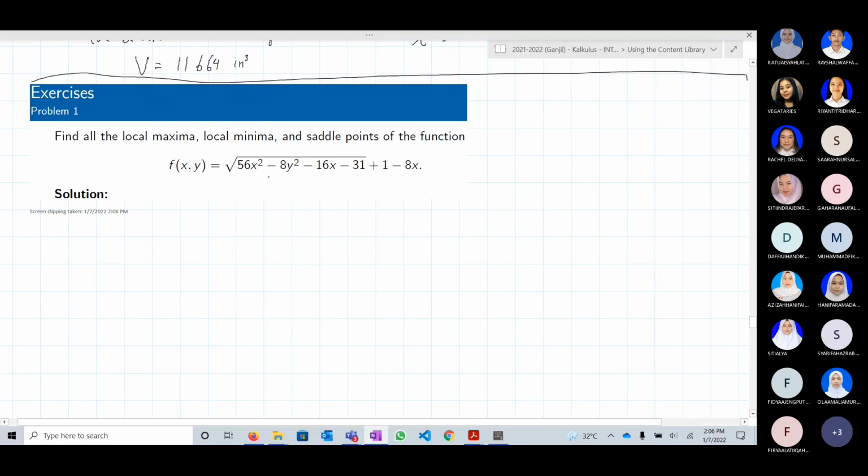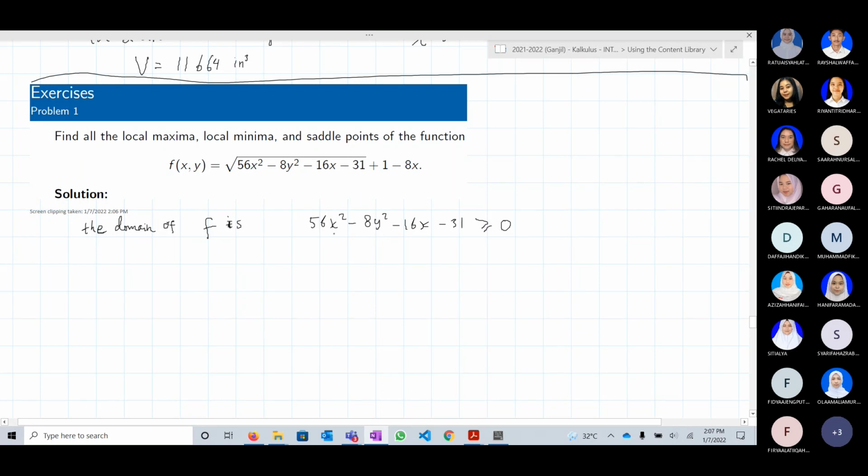so for this part, first the domain of f. Domain of f is 56x squared minus 8y squared minus 16x minus 31 greater than or equal to 0, which in this case, well, this looks like a circle.